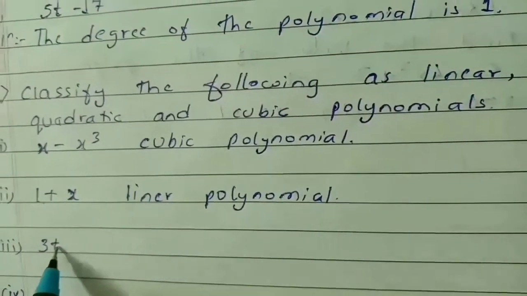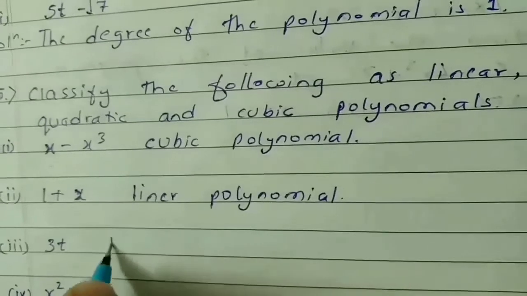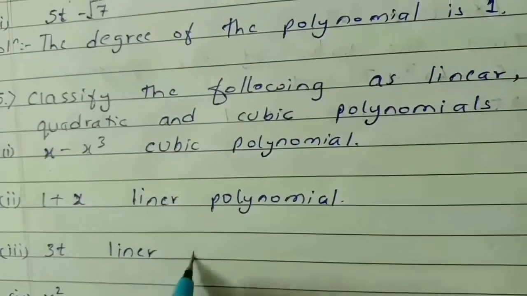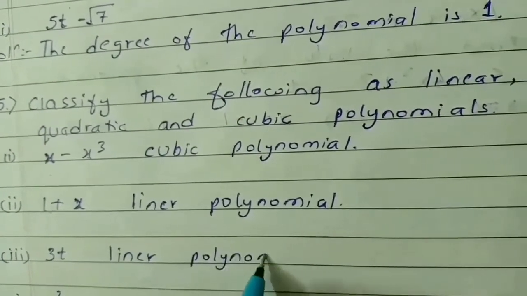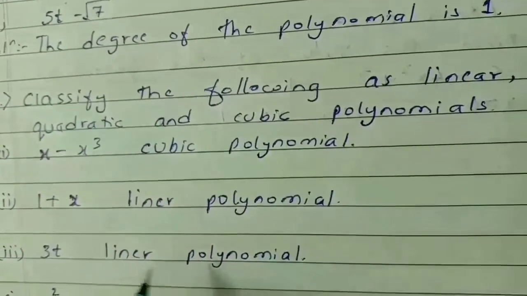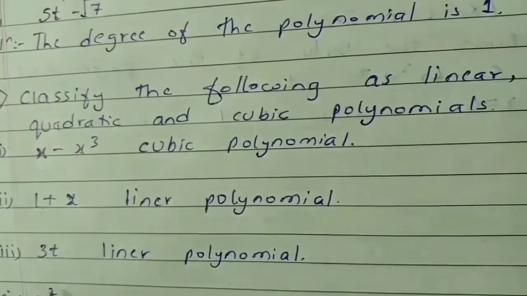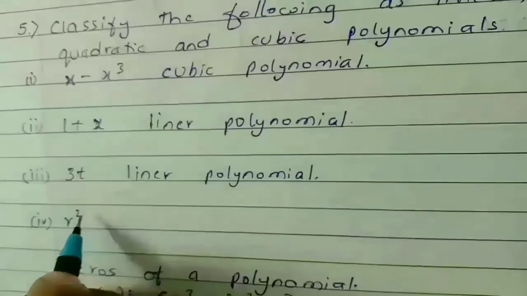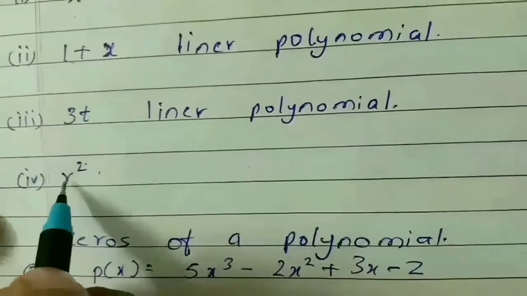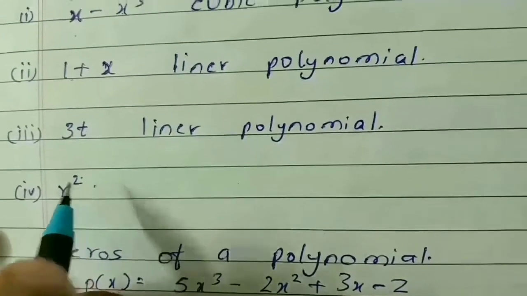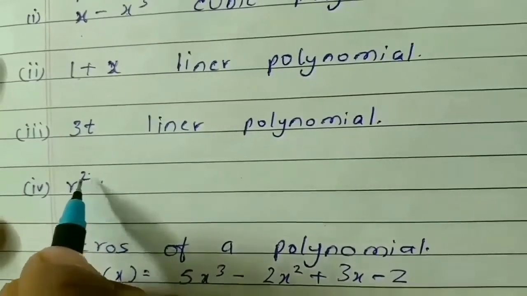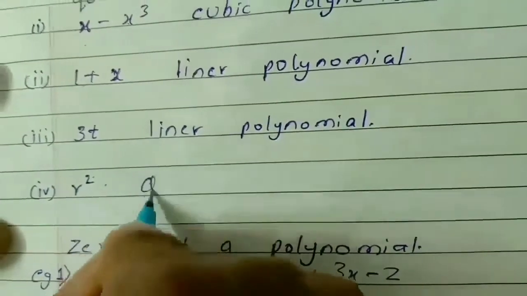Here 3t. 3t is again a linear polynomial. Now r raised to 2. Now r square has a degree 2, so it is a quadratic polynomial.